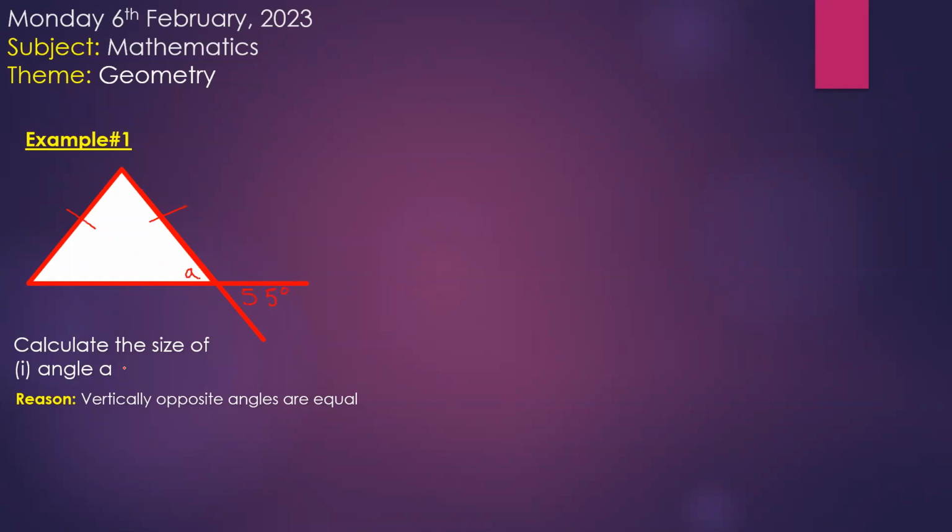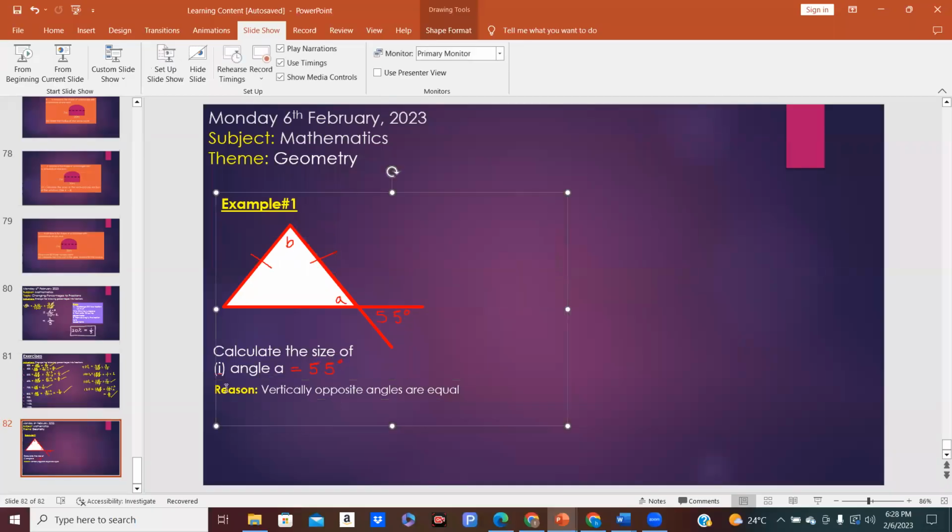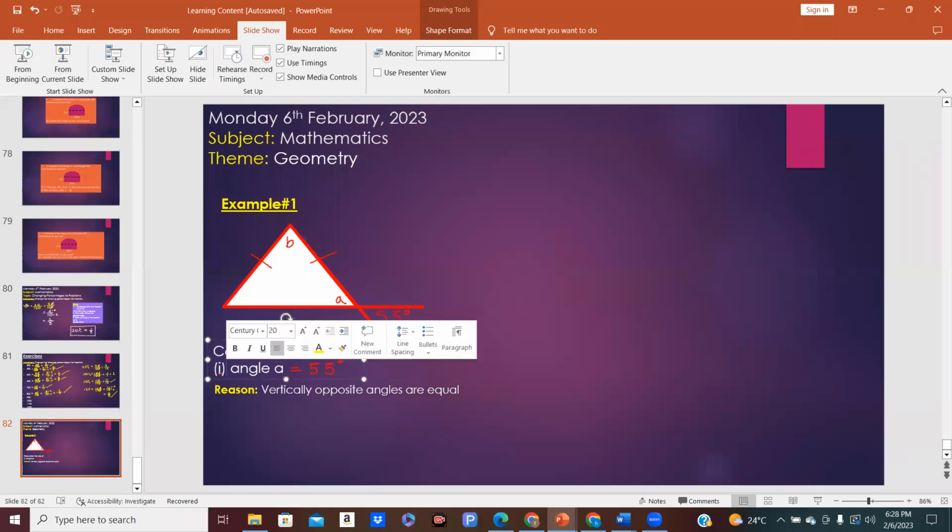And we said that A is equal to 55 because vertically opposite angles are equal. And so here we have B. So the next angle that we need to figure out is the size of angle B. So we know angle A, but the next one we need to figure out is the size of angle B.